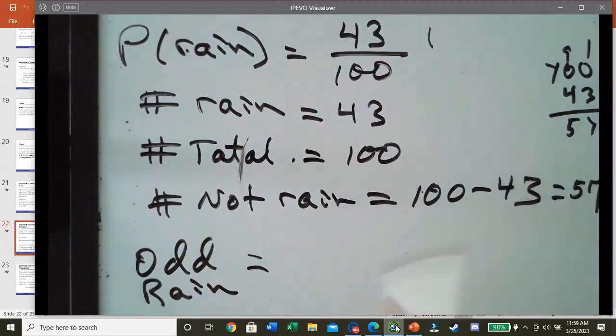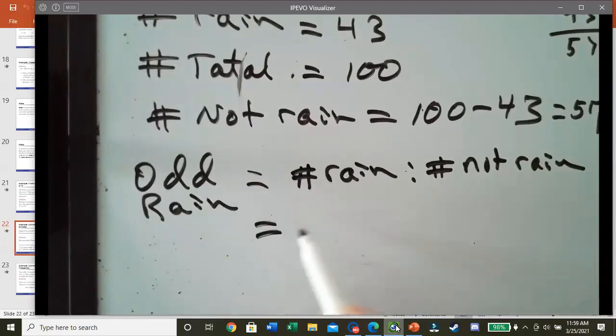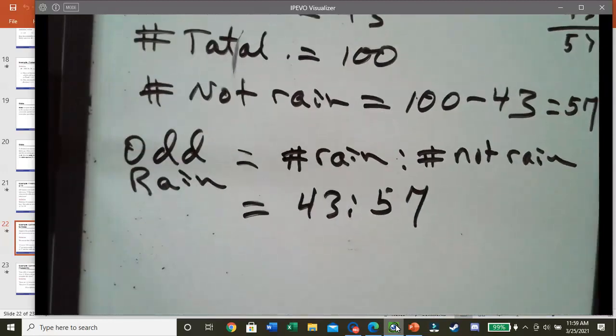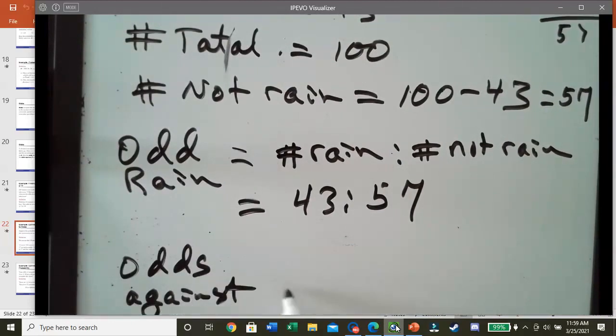The number of days that it rained to the number that it did not rain. So that would be 43 to what? 57. So that's odds in favor of it raining. How about odds against rain? What would that be?